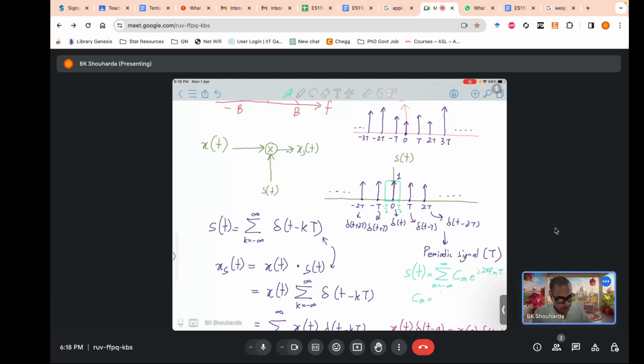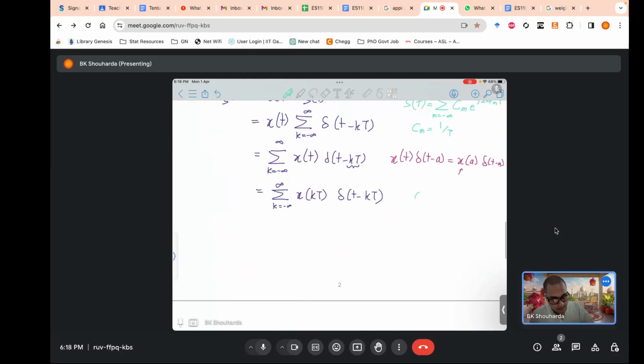So c m is actually 1 upon T integral from minus T by 2 to T by 2 of s of t e to the power minus j 2 pi f naught m t dt.